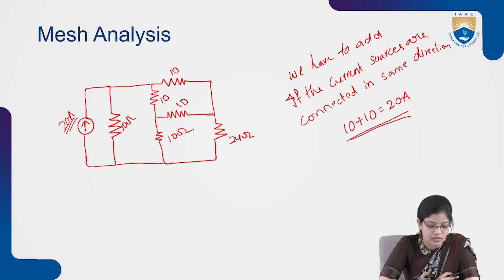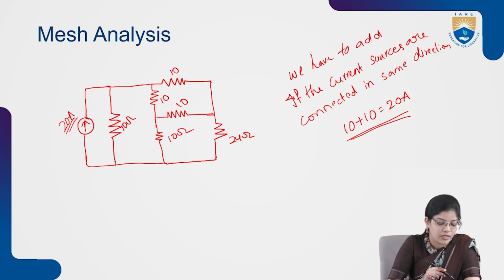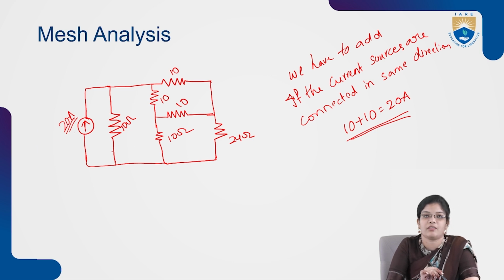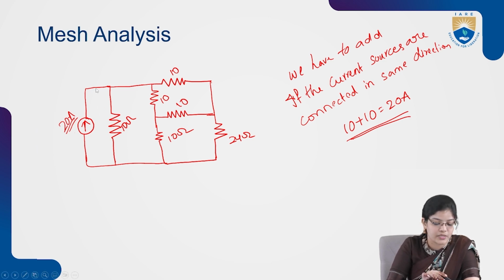In the previous problem, we converted a current source connected in parallel with a resistance into a single voltage source connected in series with a resistance. So now we have to convert this current source and resistance into a single voltage source in series with a resistance.